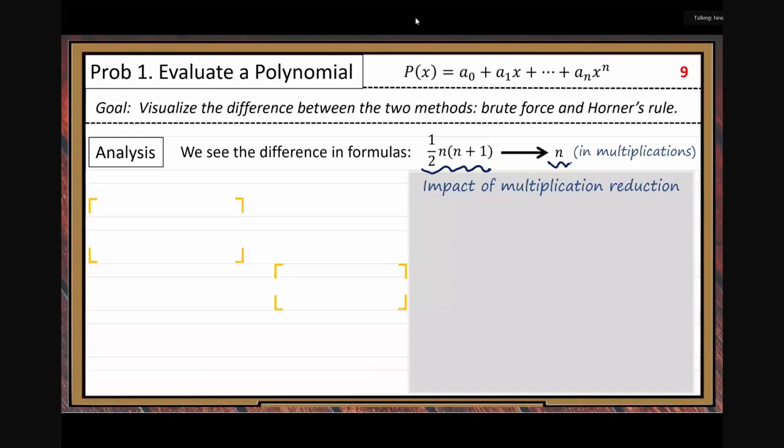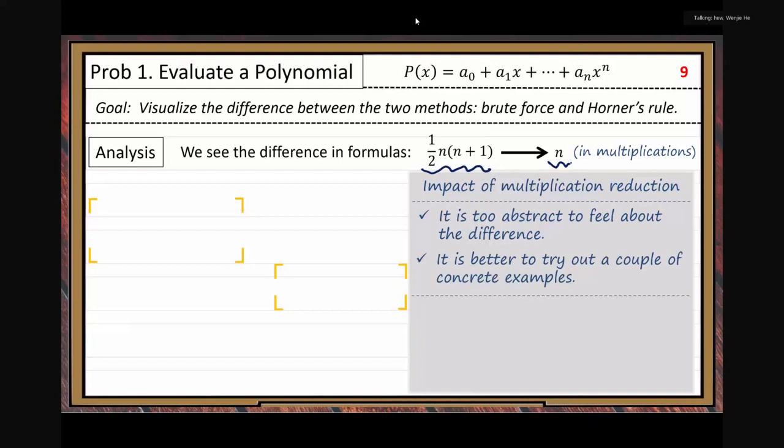How big is that? It is too abstract to feel the difference if you only look at the formula. You don't have concrete numbers. In order to get a good feel, we need concrete numbers.